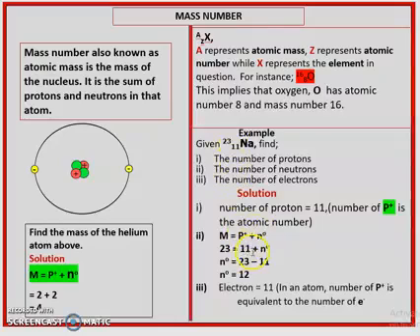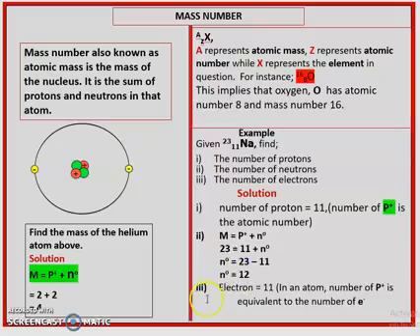So we have 11 plus neutron. This is what we are looking for. I represent neutron with N0 because neutron is not charged. It's 0 charge, right? Okay. So, making neutron the subject of the formula, you have N equals 23 minus 11. So the number of neutrons in the atom of sodium is 12.